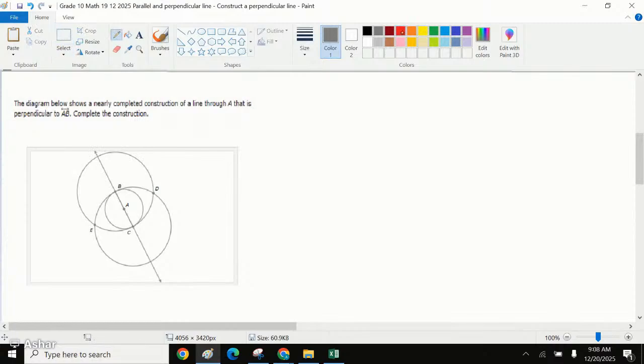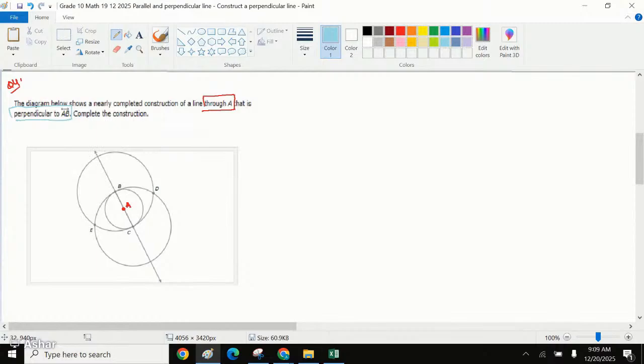The diagram below shows a nearly completed construction of a line through A. The line is passing through the point A. Can we find the point A? This is point A for us, right? That is perpendicular to the line AB.